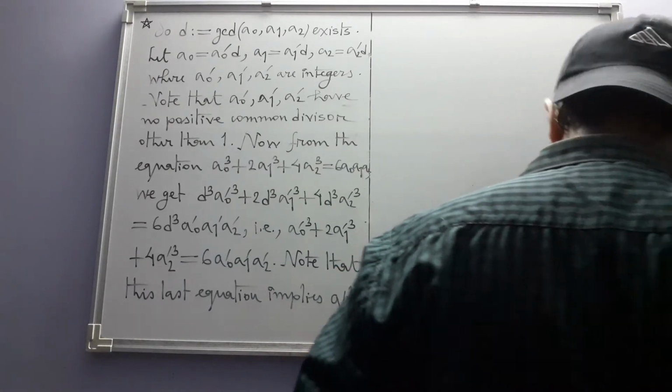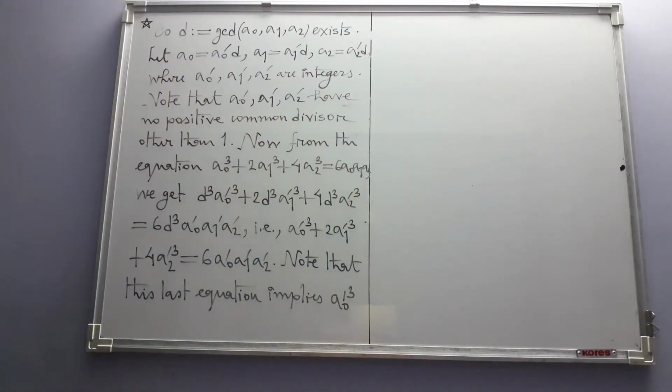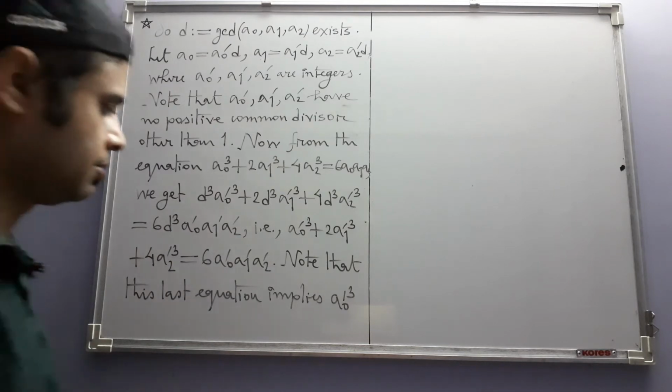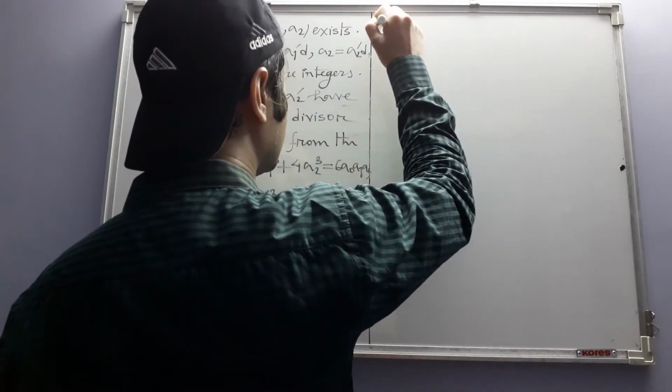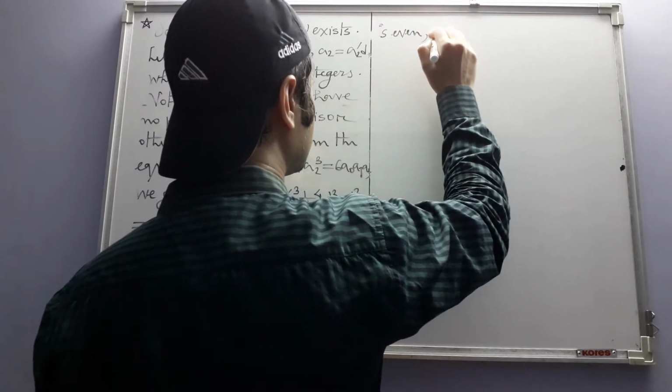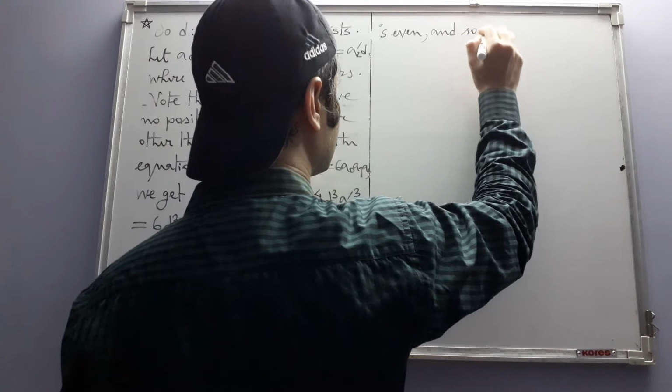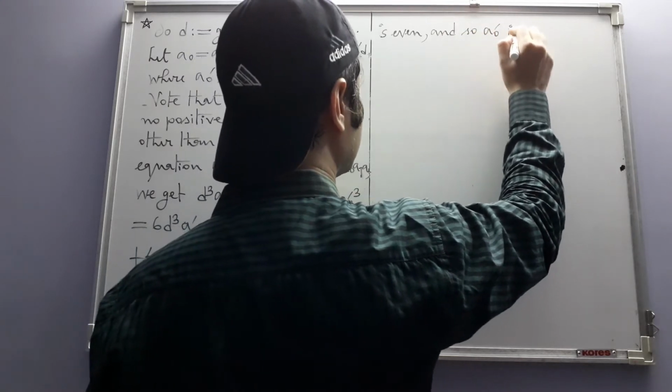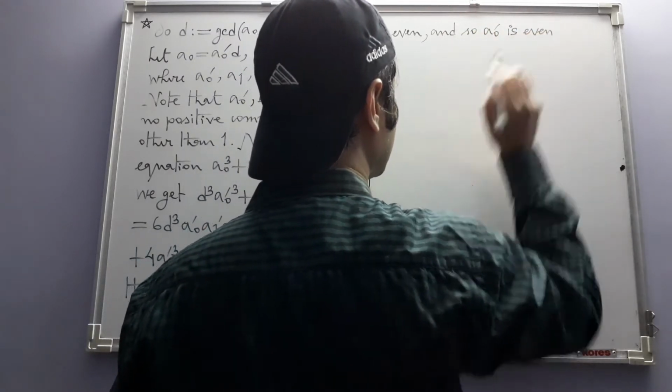That means this is going to be even, and hence a naught prime is even. This is even, and so a naught prime is even.